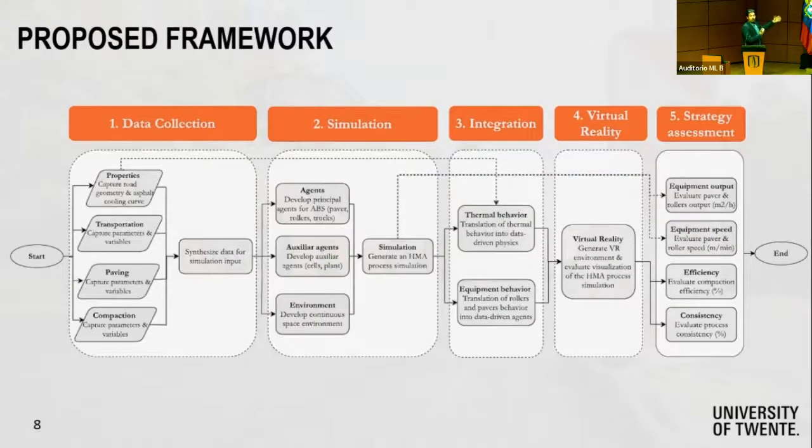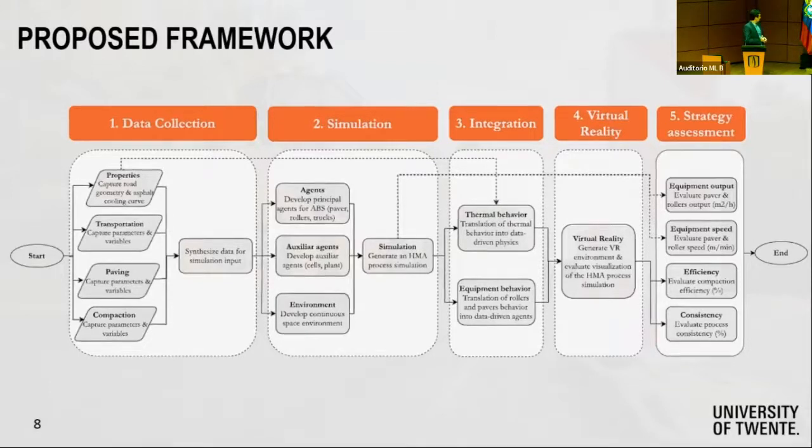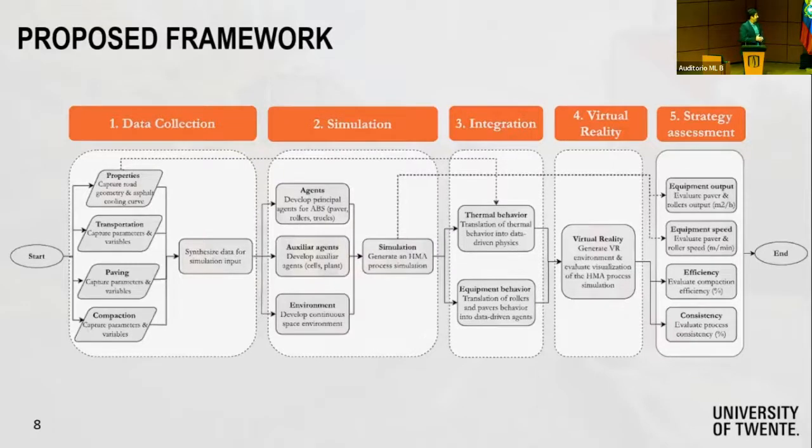And then we moved on to develop our VR-based planning tool. The way this platform works, first we developed an agent-based simulation in AnyLogic that represents the compaction process in a rather generic way. And we developed an interface that allows the planners to put all the information that they know about the project into it. The interface is connected to our AnyLogic agent-based simulation.